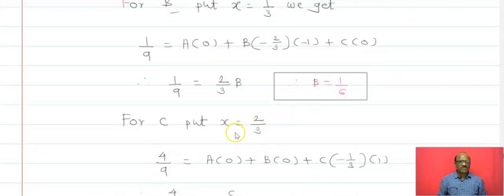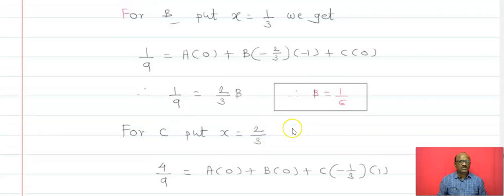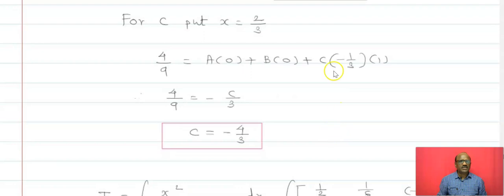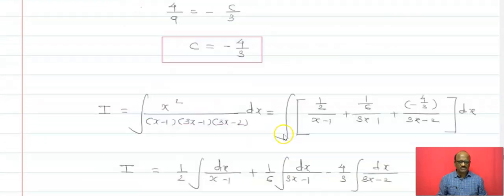We substitute the value of x equals 2 by 3 into 3x minus 1, and then you will get in bracket minus 1 by 3 plus 1. Perform the calculation. Therefore 4 upon 9 equals minus c upon 3, that is c equals minus 4 upon 3.